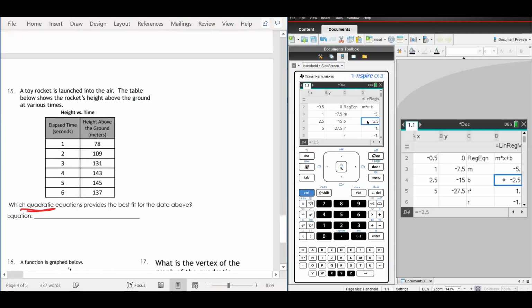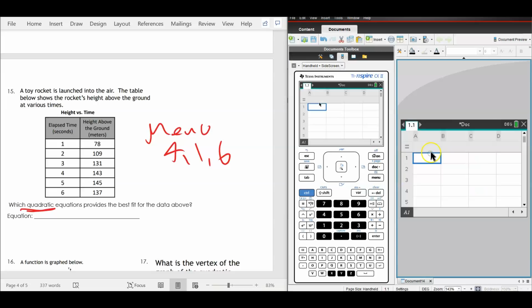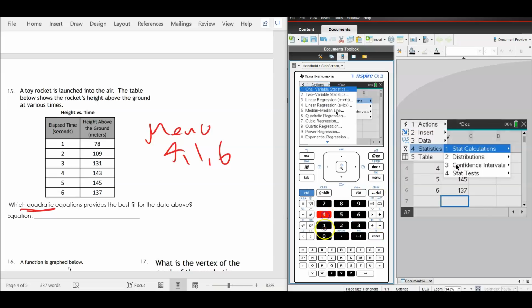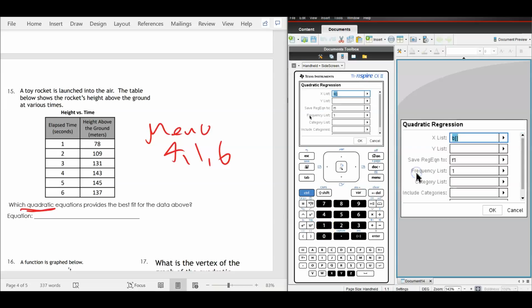All right, A, quadratic. So now this is menu 4, 1, 6. Again, let's go ahead and put X and Y at the top. Right, menu 4, 1, and we said quadratic is 6.